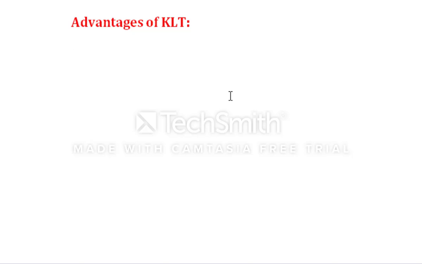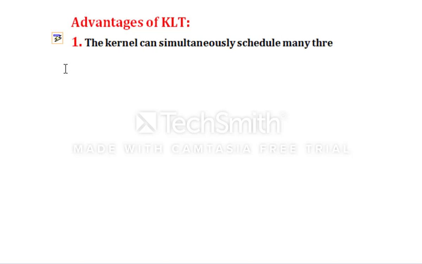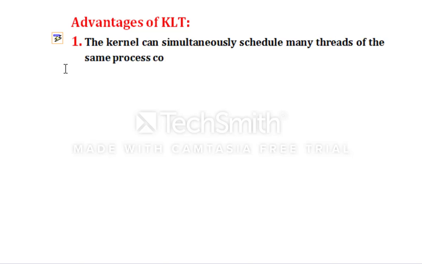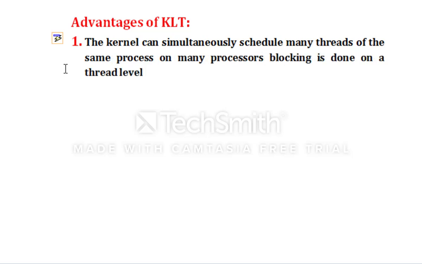So the first advantage is that the kernel can simultaneously schedule many threads of the same process on many processors. Blocking is done on a thread level.